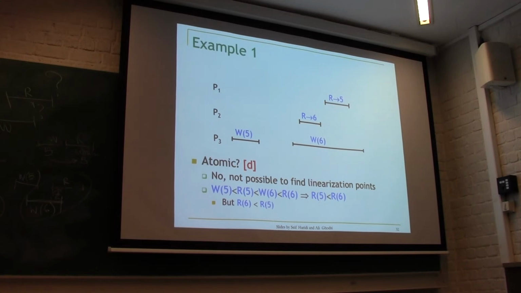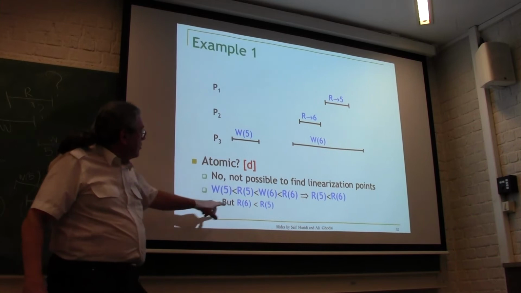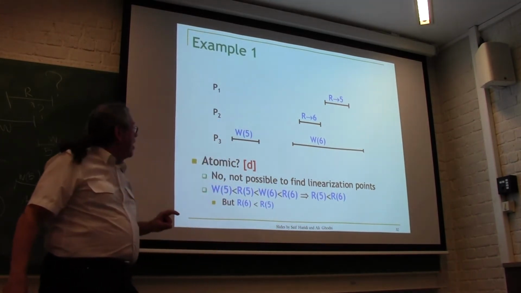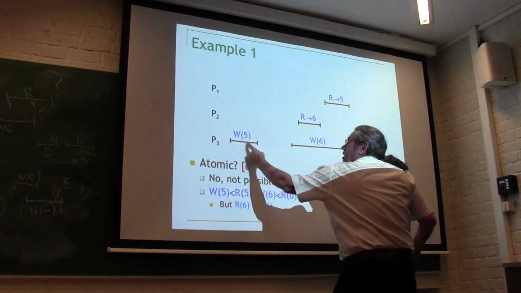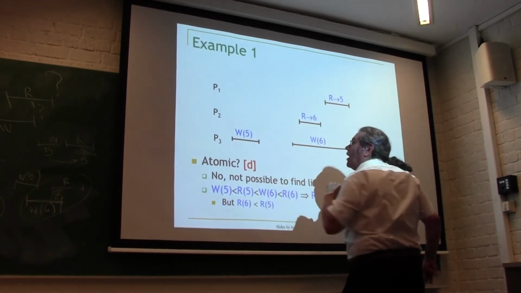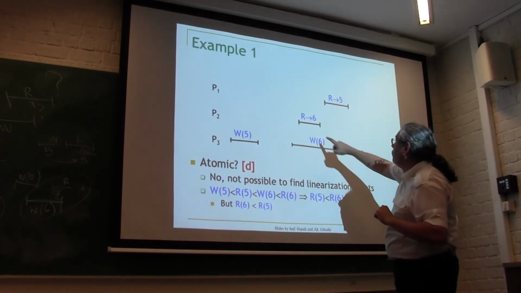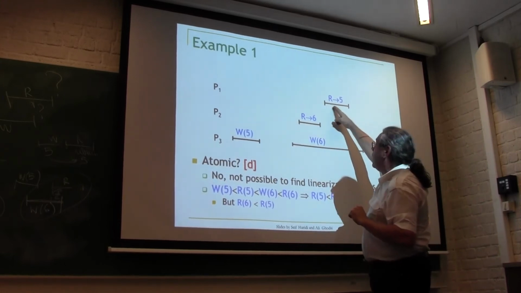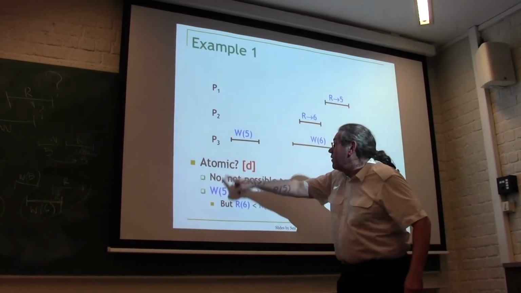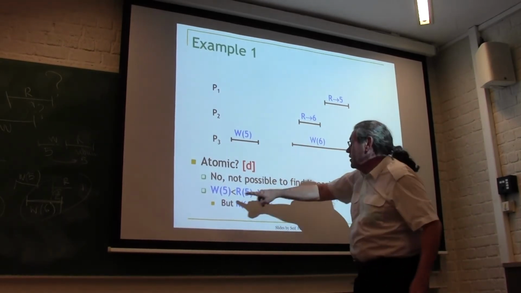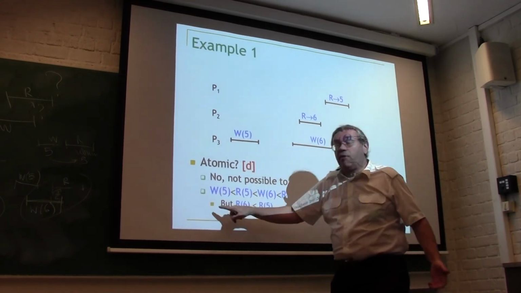In fact, you can deduce that with these linearization points. Assume that the actual instantaneous write of 5 has to be somewhere in here. The write 6 has to be somewhere in here, anywhere. The read 6 has to be in here, and the read 5 has to be in here. It's clear that the write of 5 has to be before the read of 5, because the only way to read 5 is if you write it before.